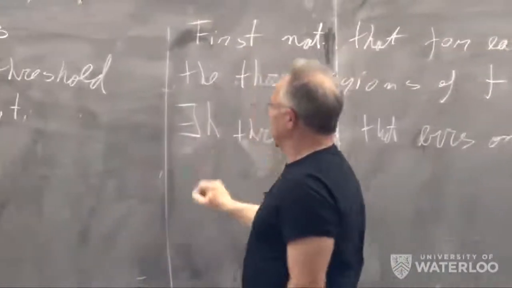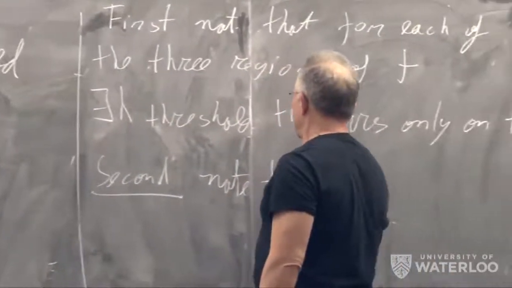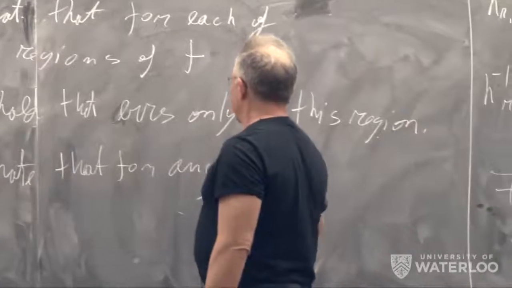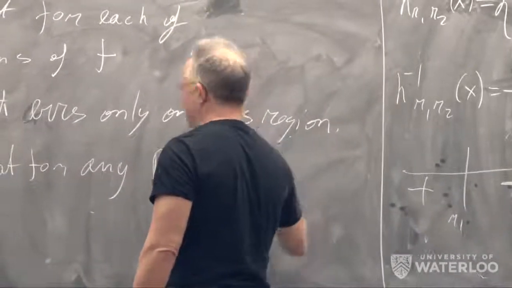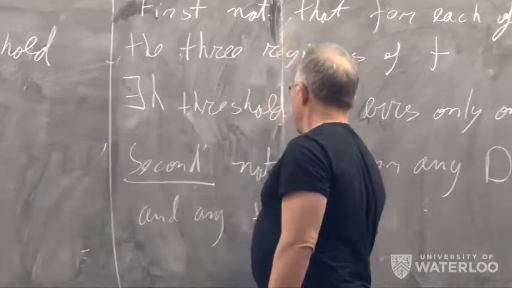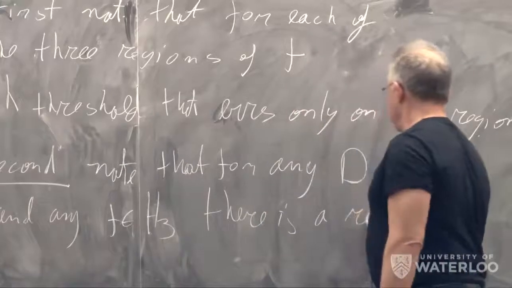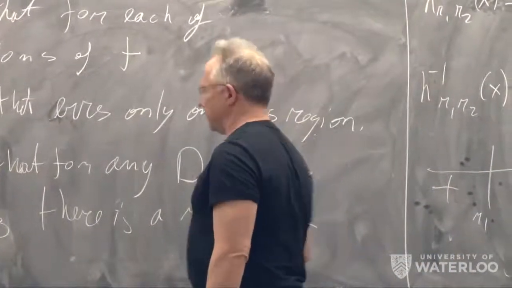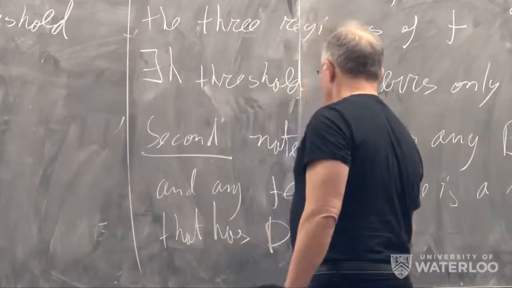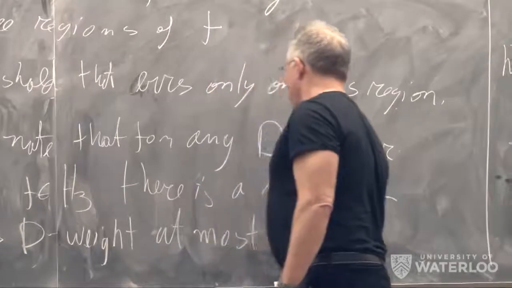That's the first thing to note. Second, note that for any distribution D over R and any F in H3, there is a region of F that has weight or probability at most 1 over 3.